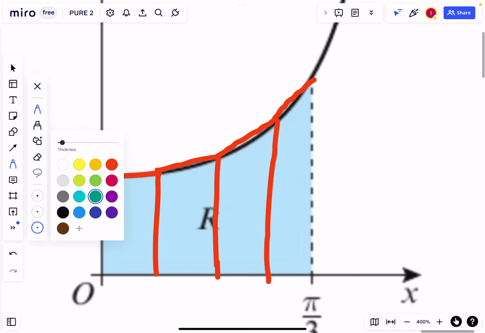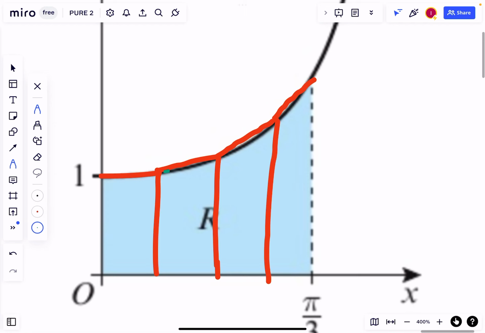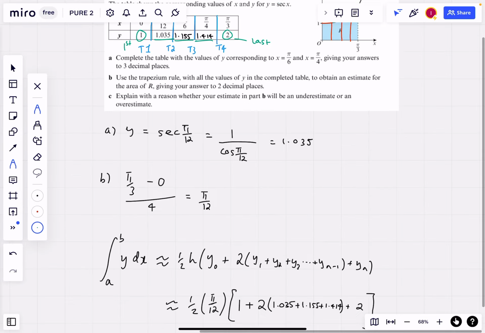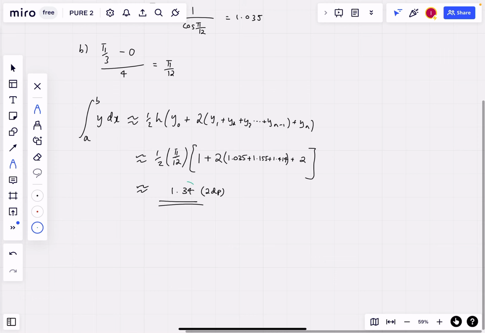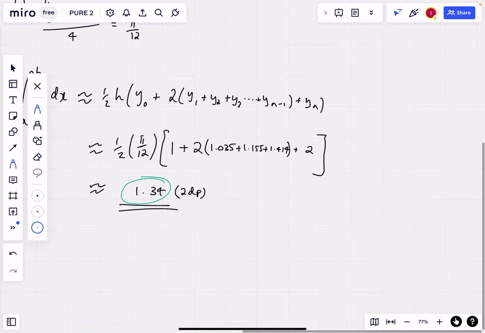I know it's hard to tell, but do you see how there's a little tiny gap in between my trapeziums and the actual graph, right? That gap means I have extra area. I've worked out more than I need to. Therefore, this value of 1.34 would be an overestimate.